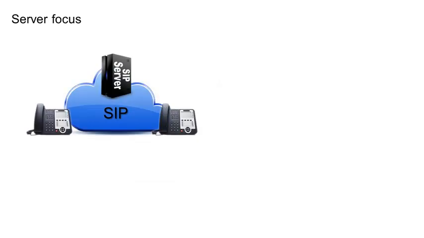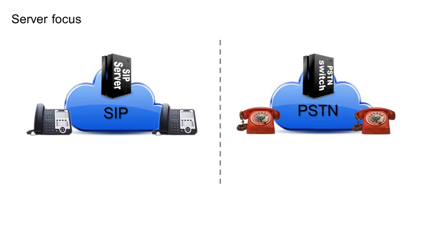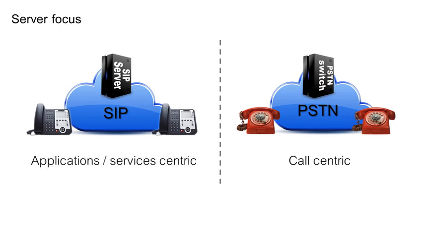Now, as we begin discussing servers, it's important to remember that SIP servers have a very different mentality to traditional PSTN servers. Whilst PSTN switches are very much call-centric, architected and built to set up circuit-switched calls, SIP servers are very much applications-centric, designed to offer services to the packet-switched network.